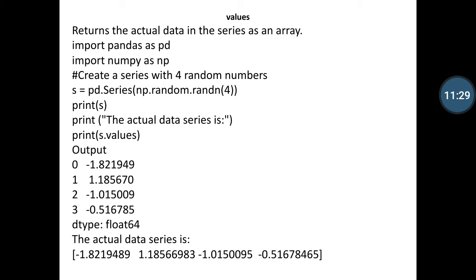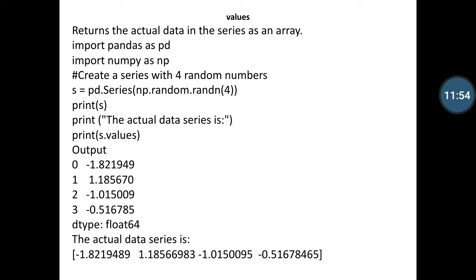Then after that I am defining values, which actually returns the data in the series as an array. So I create variable s equal to pd.Series np.random.randn and put 4, as in the previous code. I am defining here the actual data series with a label and write a single line of code, print s.values.